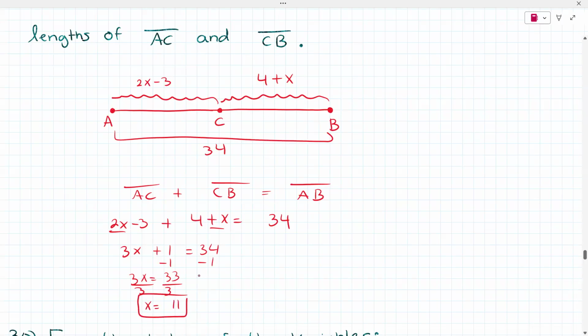So find the length of AC. Now we can because we have the x, right? So it's 2 times 11 minus 3, which is 22 minus 3, which is 19. And then the distance of CB is 4 plus x, or 4 plus 11, which is 15.